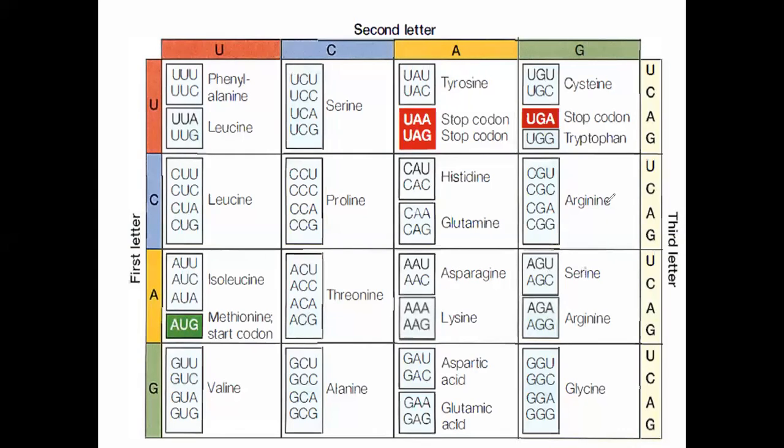Say you have GCU, which is for arginine. But say an error happened and it's replaced with C, then it would still be arginine.